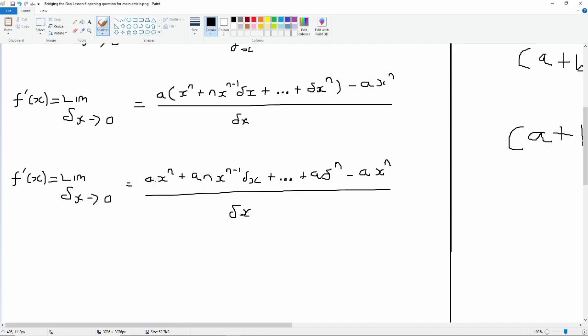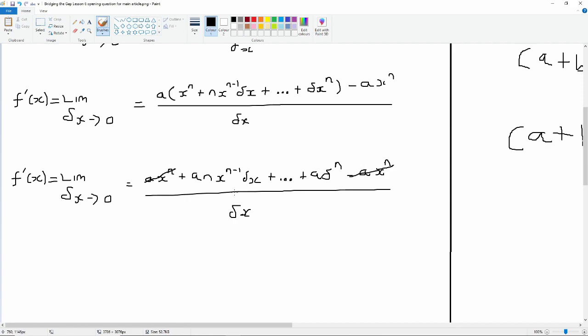And again, look, we've got a x to the power n here, and we've got negative a x to the power n, and if you subtract a x to the power n from a x to the power n, you're going to end up with 0, and 0 plus anything is whatever you had to begin with. So these two terms cancel out.